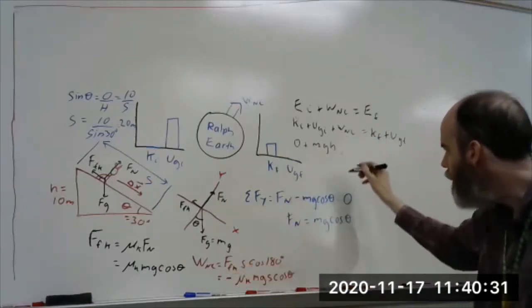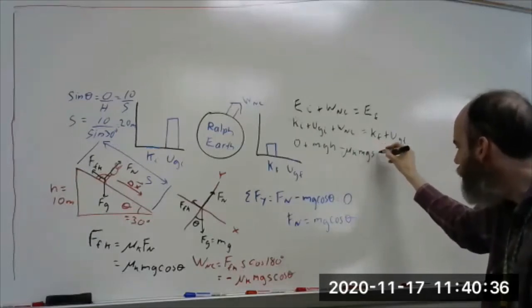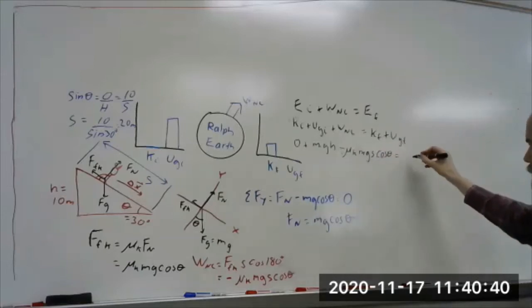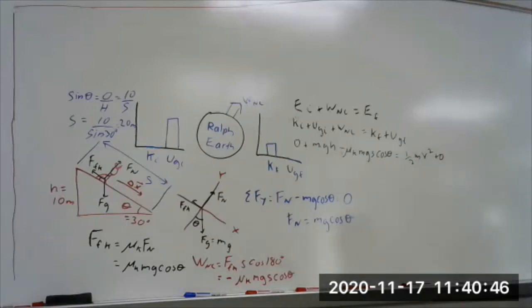It's this. So minus mu K MGS cos theta equals K final, 1/2 MV squared. UG final is 0.